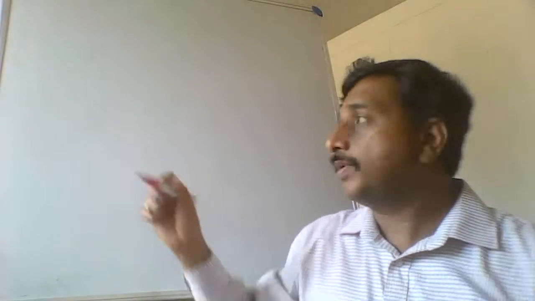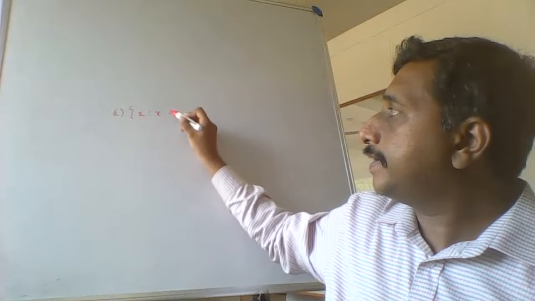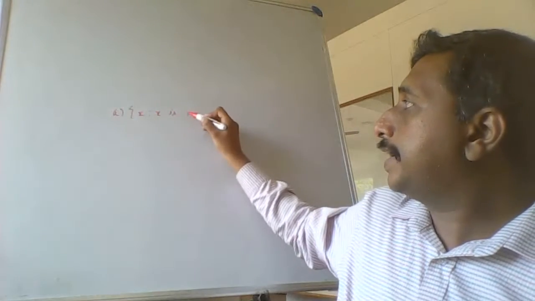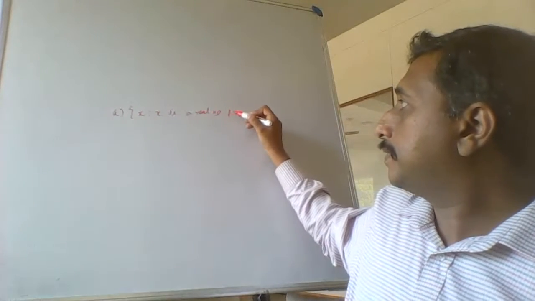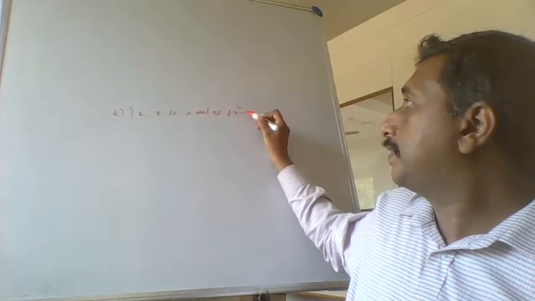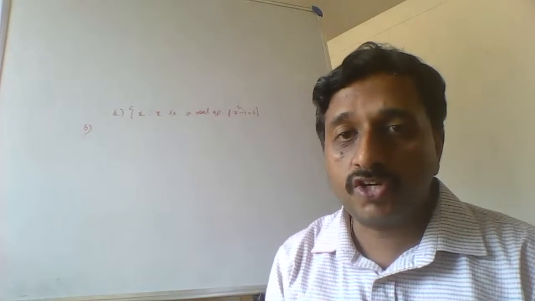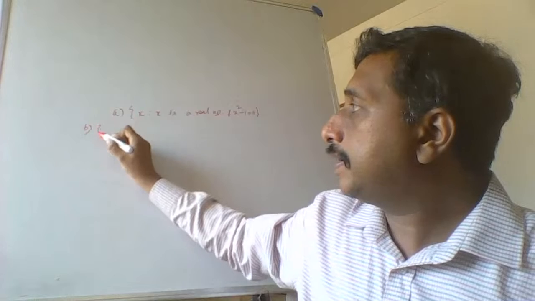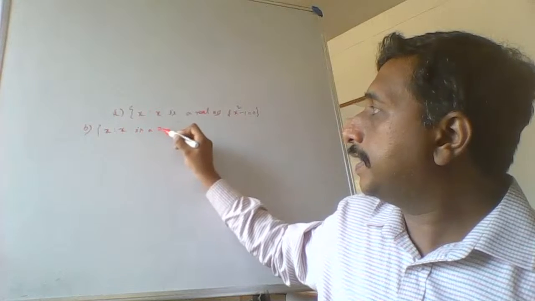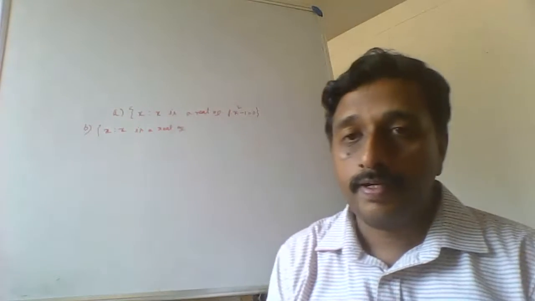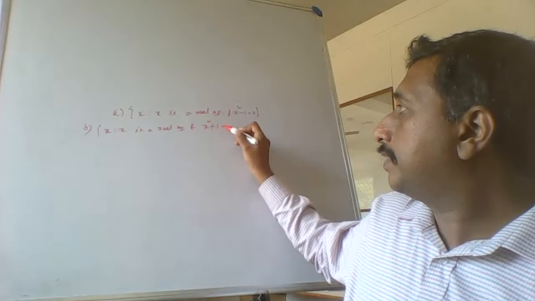A is x such that x is a real number, and x square minus 1 is equal to 0. That's the first choice. Another: x such that x is a real number, and x square plus 1 is equal to 0.